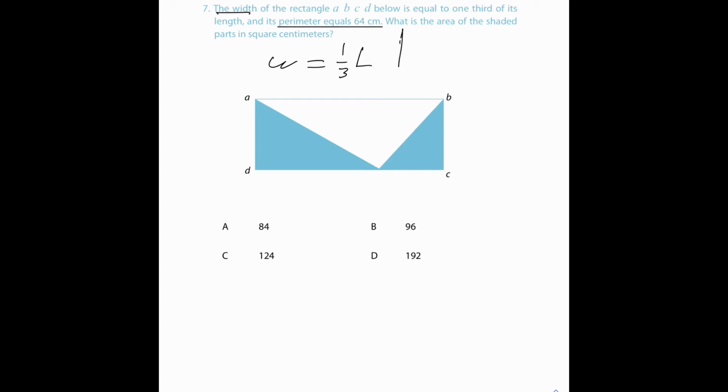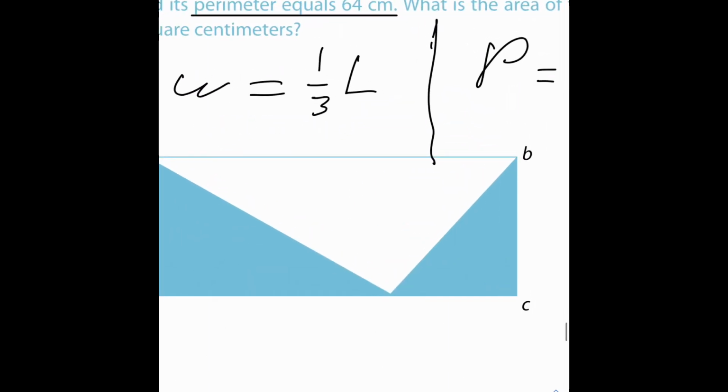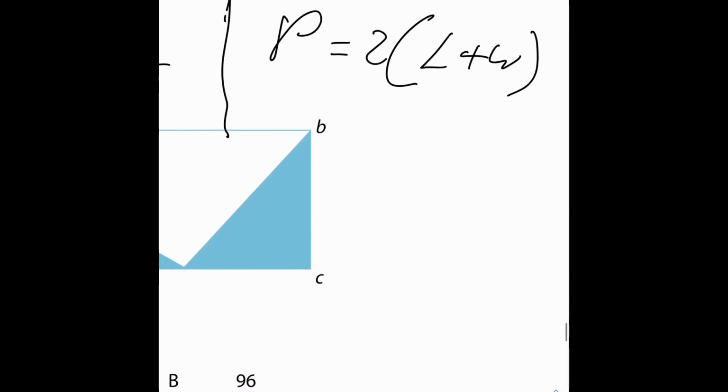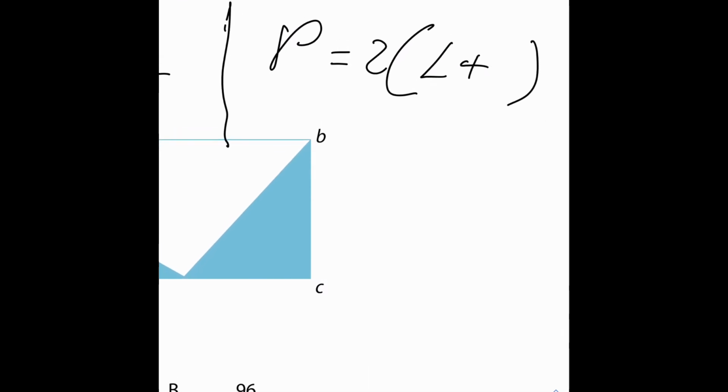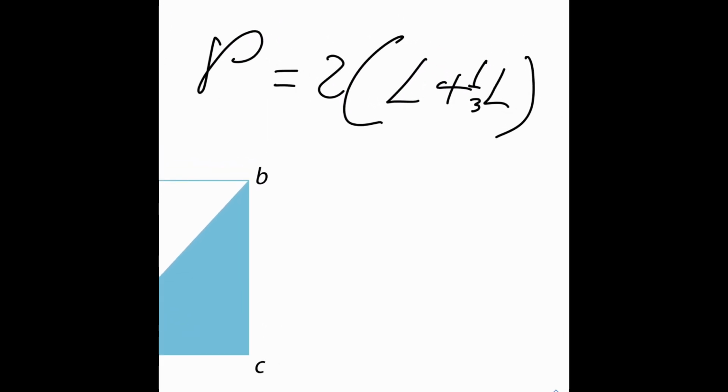All right, so we get P, which is 2 times (L plus W). That's the equation. You get W is equal to 1/3 L. Just replace W over here with 1/3 L. All right, now I'm going to just freestyle this with you guys.